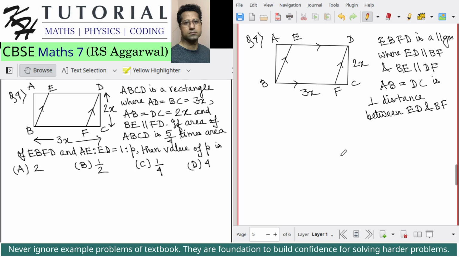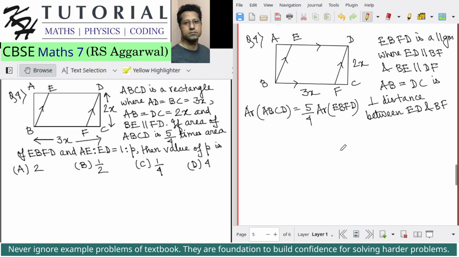Okay, so what is given now? The area of the rectangle ABCD is equal to 5 by 4 times the area of EBFD, which is the parallelogram.